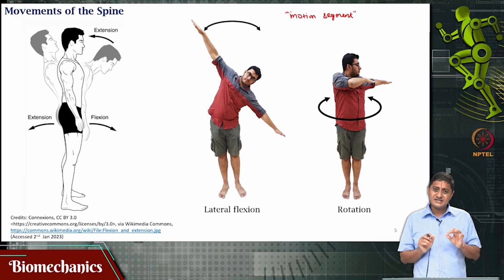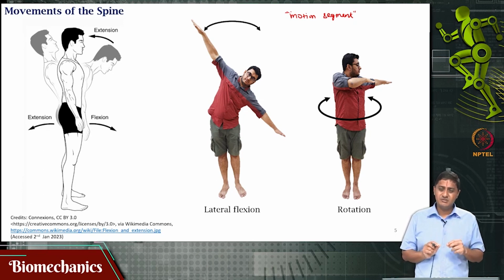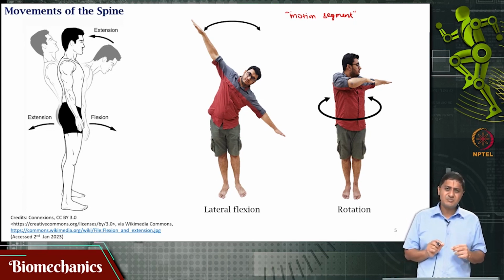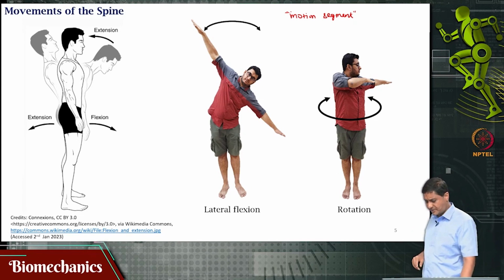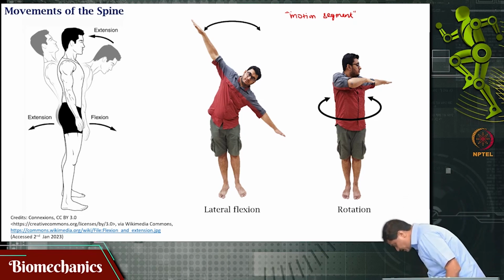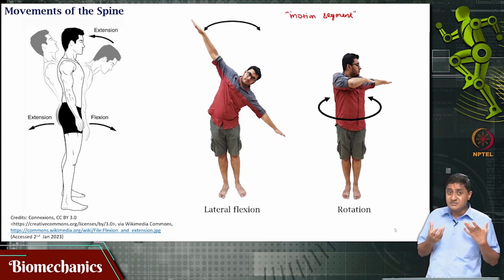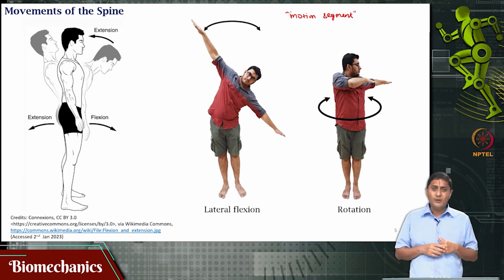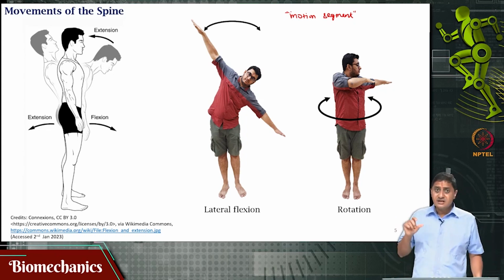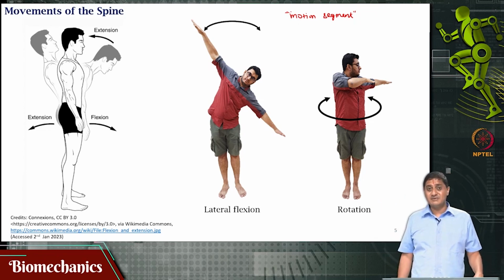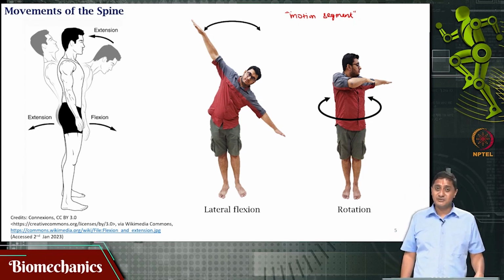Between two adjacent or consecutive vertebra, movements are very small. However, when we move, for example, when we want to bend down, I am making that bend, that is a very visible large movement of the spine. How is this possible? Because there is relative movement between many consecutive vertebra of the vertebral column.